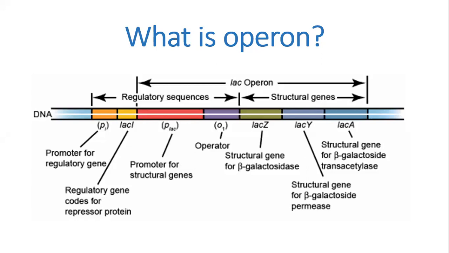The three structural genes are encoded in a single transcription unit, LacZYA, which has a single promoter, that is P-lac. This organization means that the three lactose operon structural proteins are expressed together as a polycistronic mRNA containing more than one coding region under the same regulatory control.